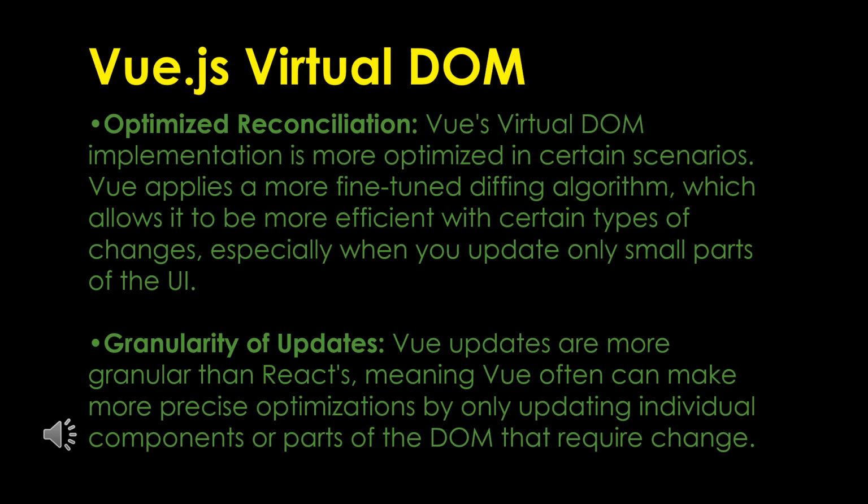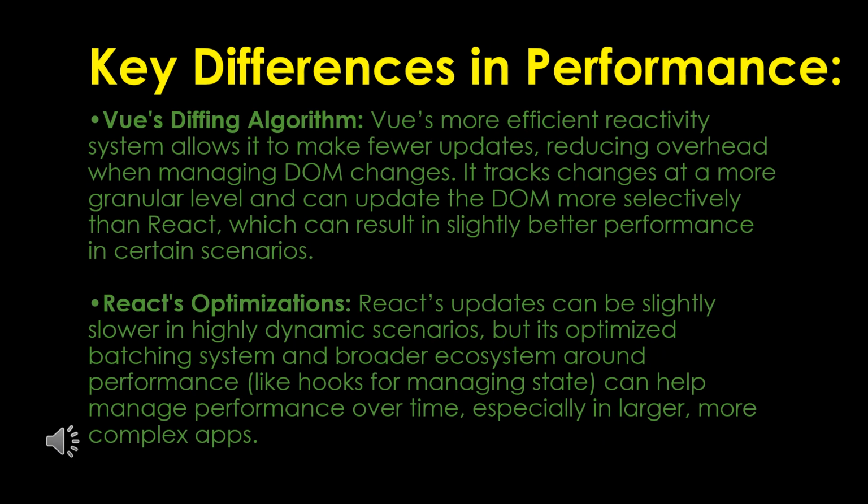Granularity of updates: Vue updates are more granular than React. Meaning Vue often can make more precise optimizations by only updating the individual components or parts of the DOM that require change. Now we can see the key differences in performance.